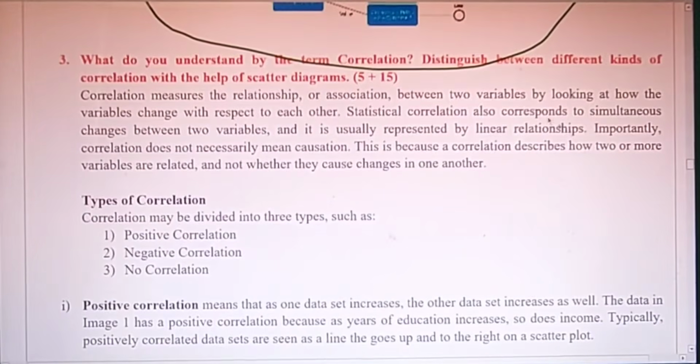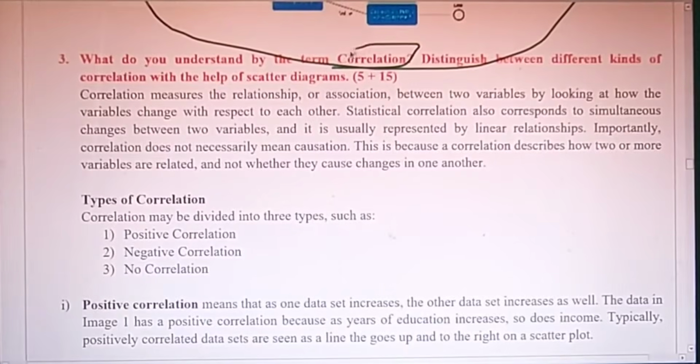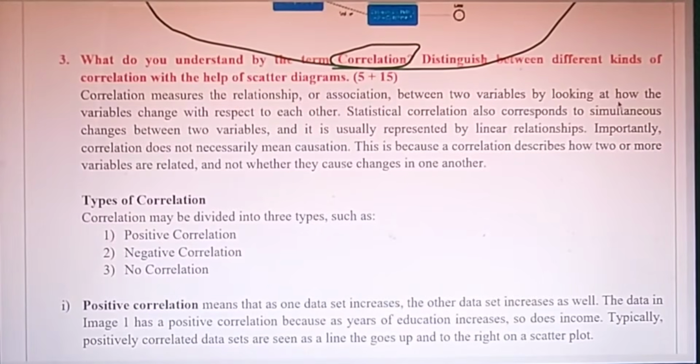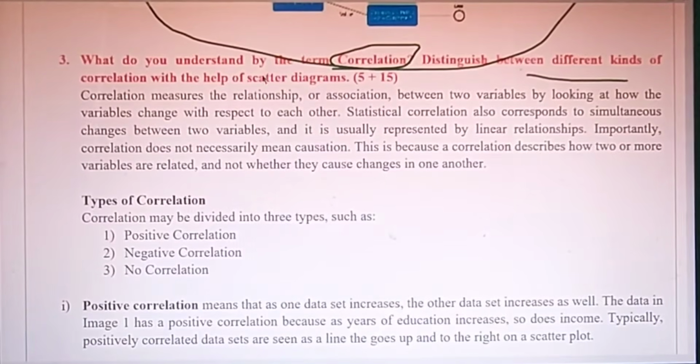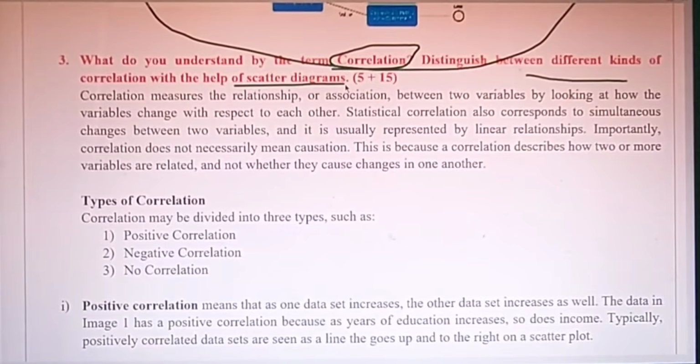Question number 3 is, what do you understand by correlation? Very common question, and distinguish between the different types of correlation with the help of a scatter diagram.